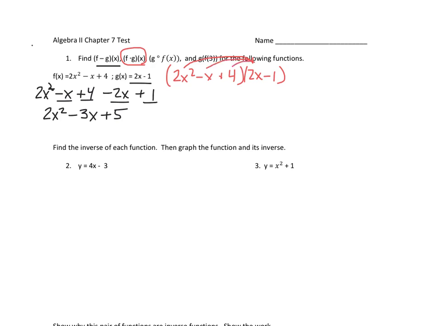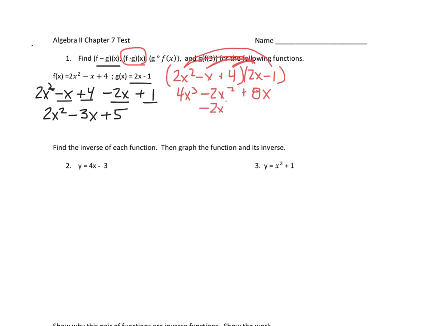So 2x squared times 2x is 4x cubed. A minus x times 2x is a negative 2x squared, and 4 times 2x is 8x. And then run everything through the negative 1. So 2x squared times a negative 1 is a negative 2x squared.